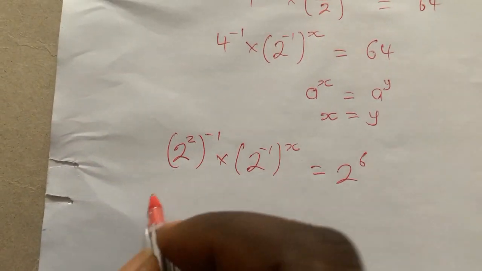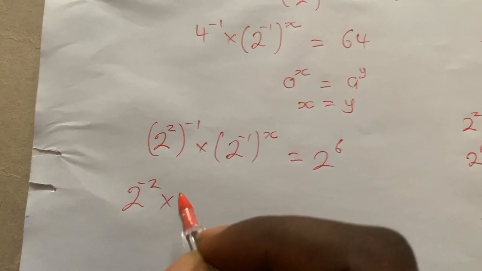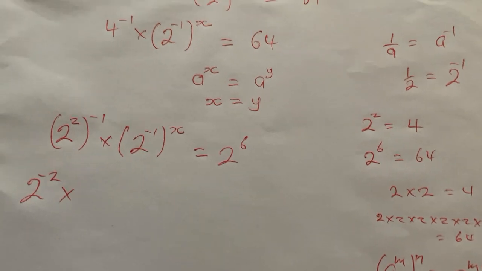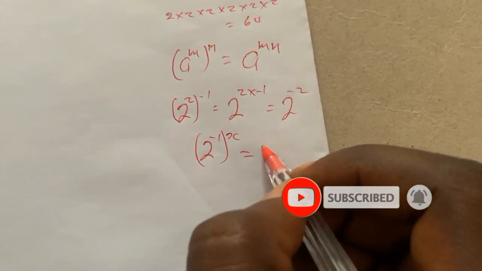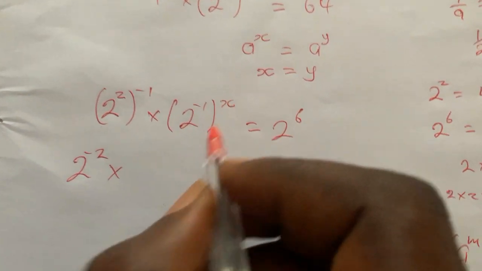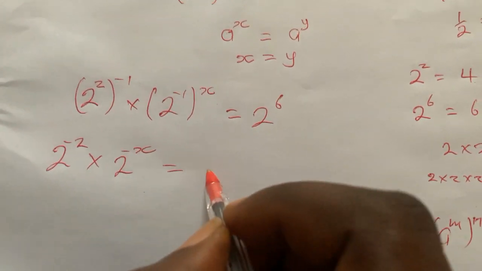So here we're going to have 2 raised to the power minus 2 times, again, 2 raised to the power minus 1 x, which will be equal to 2 raised to the power minus x. So we're going to have this one, 2 raised to the power minus x equal to 2 raised to the power 6.